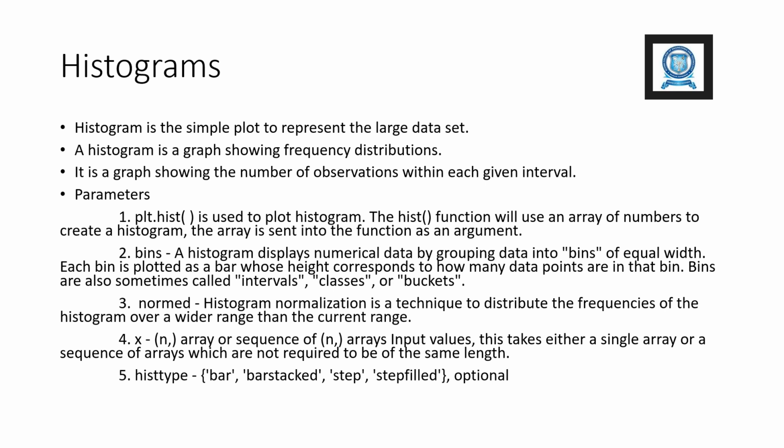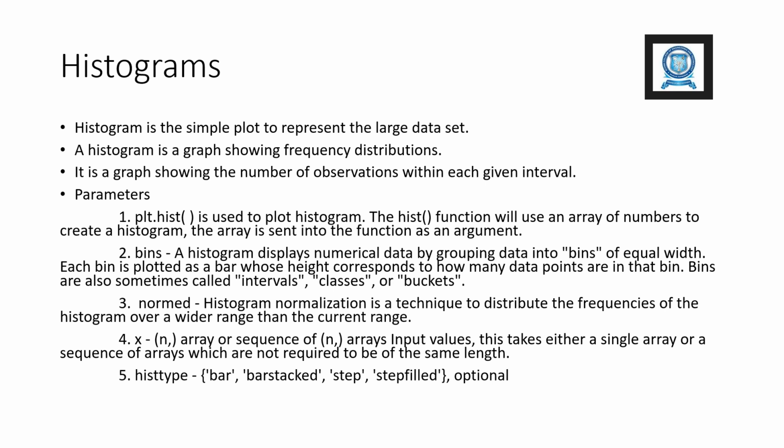Third parameter is normed. Histogram normalization is a technique to distribute the frequencies of the histogram over a wider range than the current range. x is an array or sequence of arrays, the input values. This takes either a single array or a sequence of arrays which are not required to be of the same length.